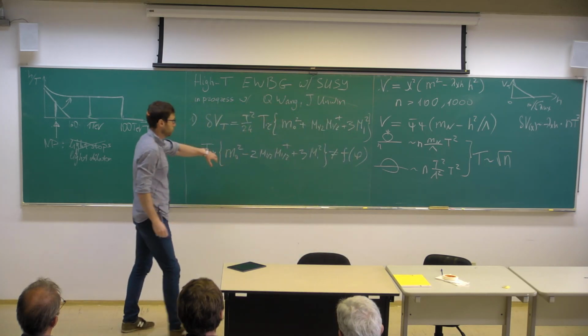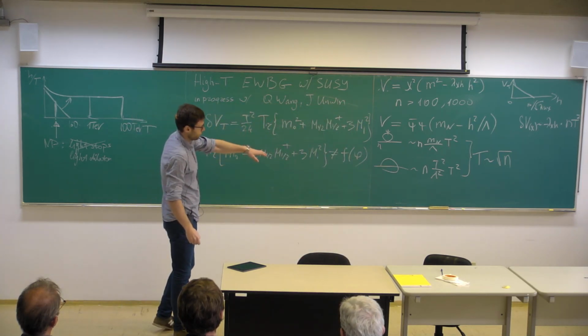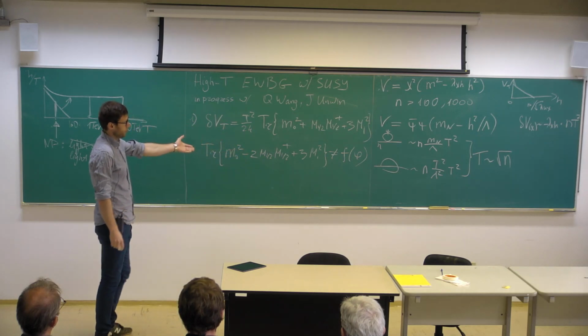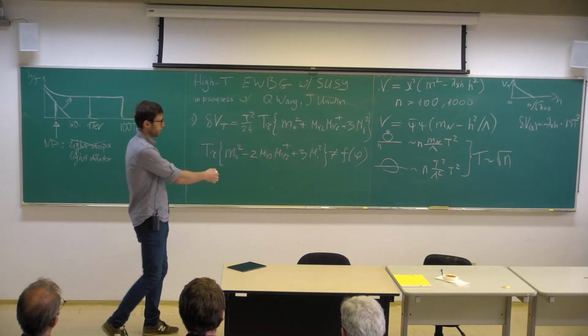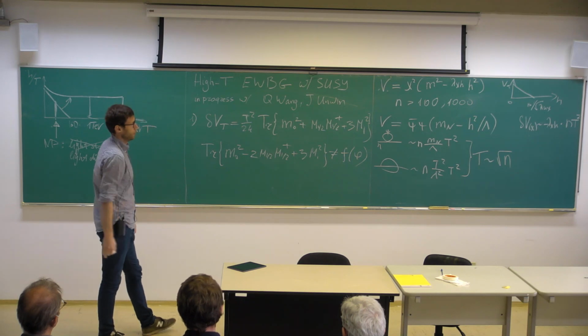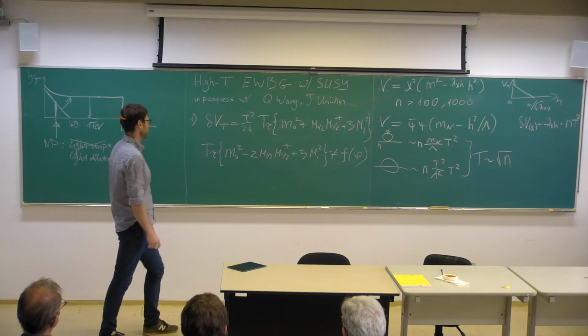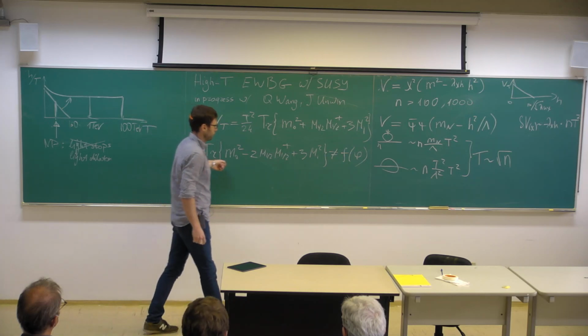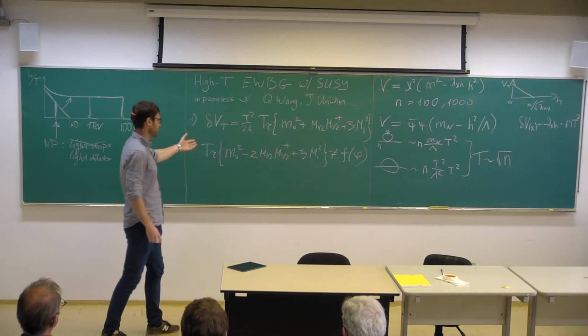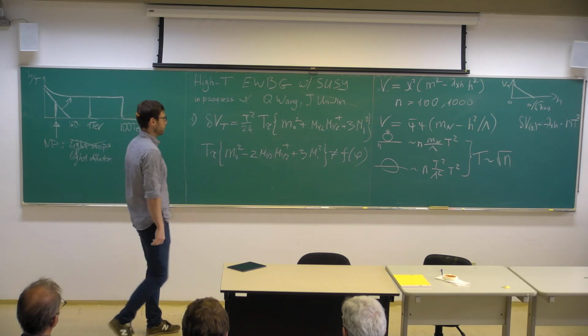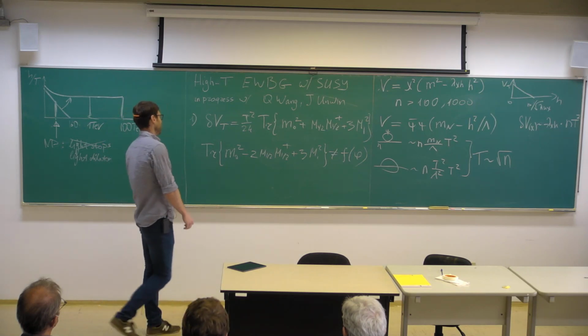So this combination of masses is not a function of fields, and this is, for example, the property which allows the Higgs mass to be insensitive to the Planck scale or whatever higher order quantum effects, because this is precisely the quantity which controls the quadratic divergence to the Higgs mass.